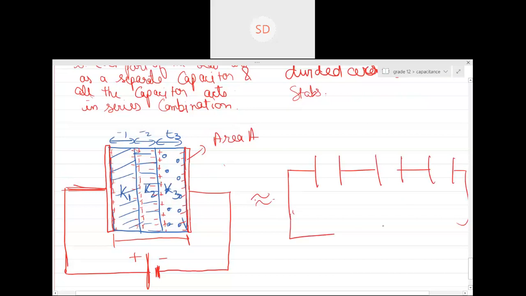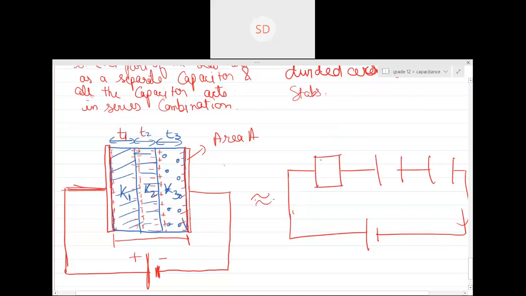Do you remember the question in which we completely filled the dielectric with a material?